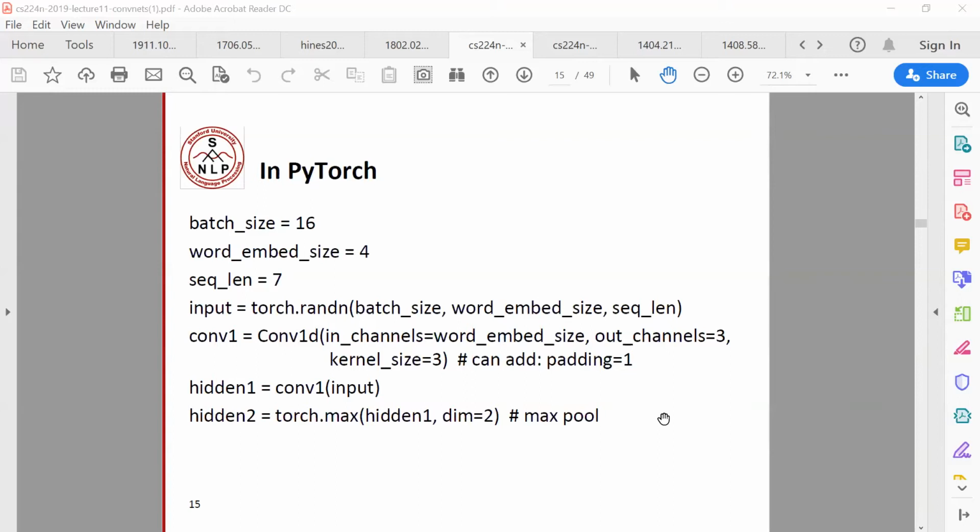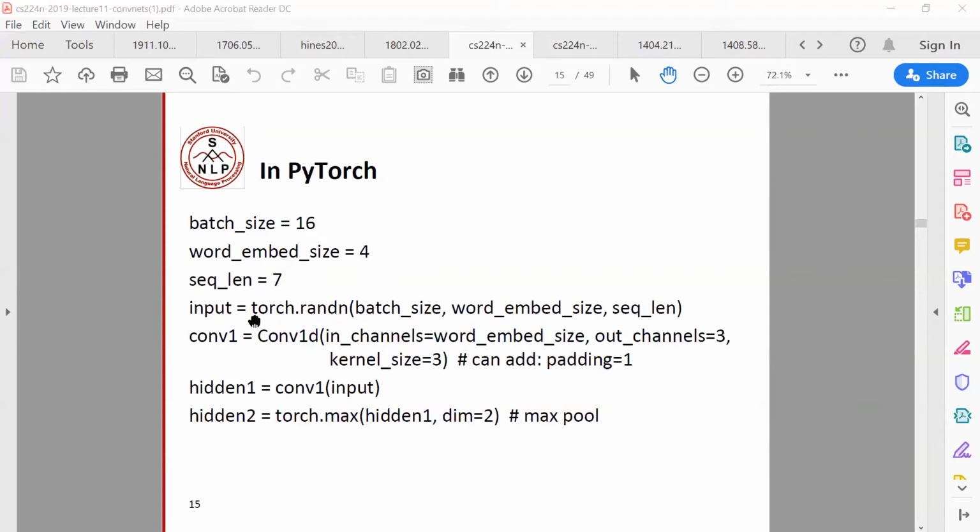So here's how it gets implemented in PyTorch. You give it a batch size. You give it the word embedding size, in this case 4. The length of the word vectors is 4, but in a real case, of course, it would be 300 or whatever. A sequence length of 7, that's the number of words in our sentence.